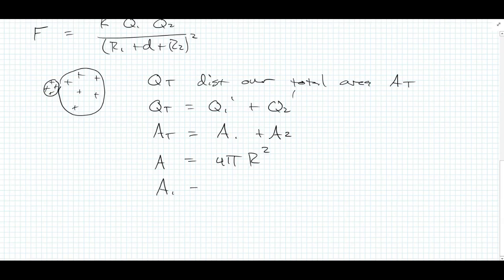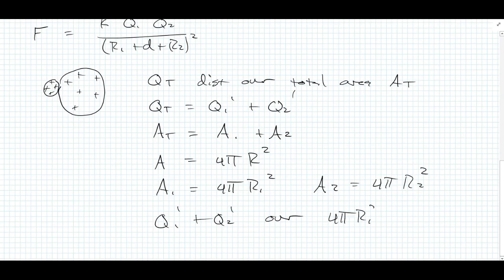So that means that A1 is 4 pi r1 squared, and A2 is going to be 4 pi r2 squared. So I've got a total charge Q1 prime plus Q2 prime over a total area, which is 4 pi r1 squared plus 4 pi r2 squared.